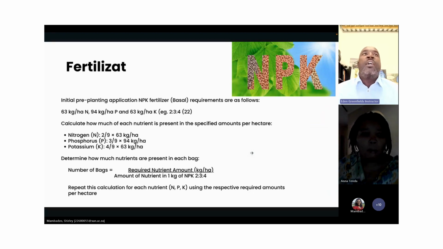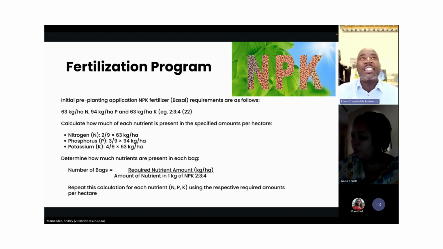Right. So talking about fertilization, one has to know and understand the fertilization program. I do believe that on this training, we have farmers who prefer to do organic gardening or farming, and then we have others that prefer to go to the chemical fertilizers.